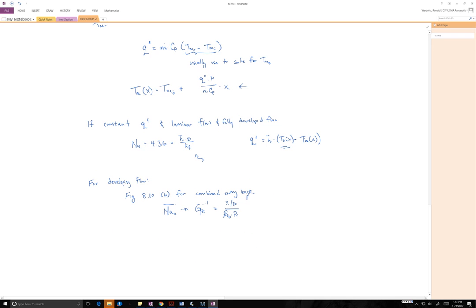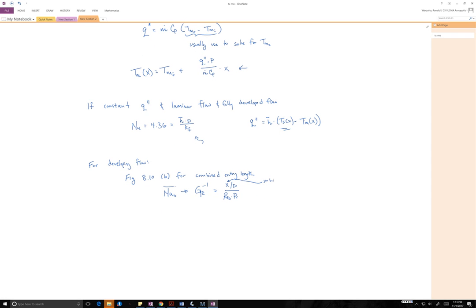Okay, where for the average Nusselt number, this value of x is equal to L. For the thermal entry length problem, we're going to use equation 8.57.